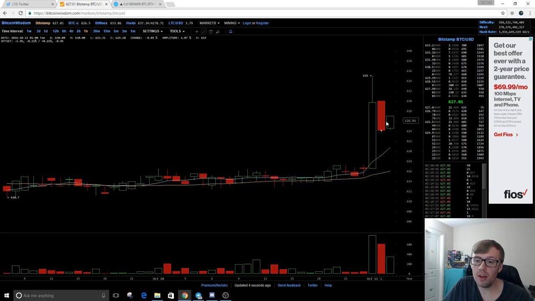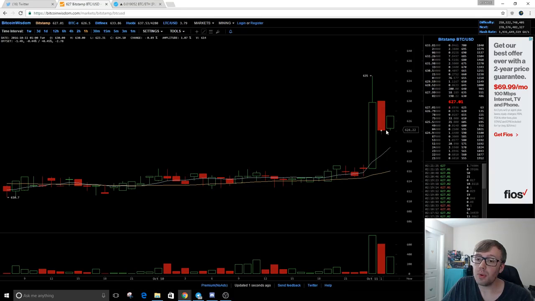It actually went lower, as low as $623. But it didn't close at 623. It actually closed at 624. So again, the price varied within that time frame, but it only ended up closing at 624, even though it went down to 623.